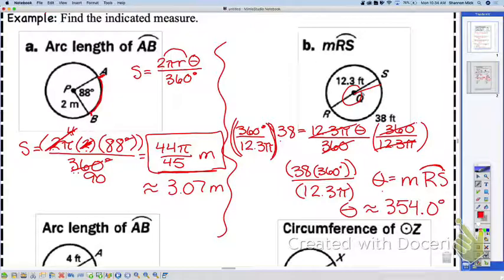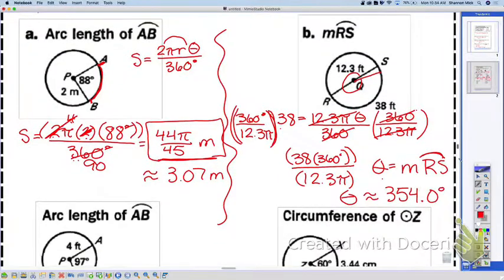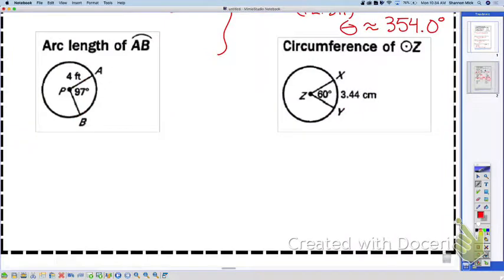Okay, now it wants arc length again, so I can just use my basic formula, right? S equals 2 pi, over, oh, I forgot my theta, didn't I? Over 360. Okay, so I'm just going to fill it in. And then it would be S equals 4 radius, so 4 times 2 is 8.